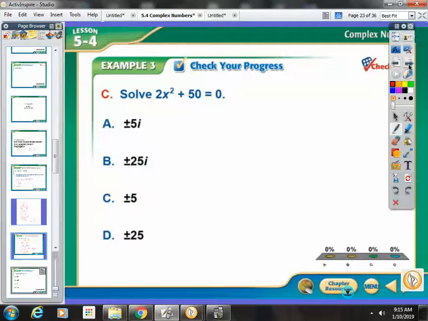I'm going to give you a different problem. We're not going to do this one. Let's do this one instead. 2x squared plus 100 equals 0.